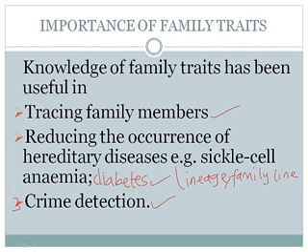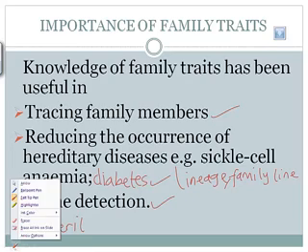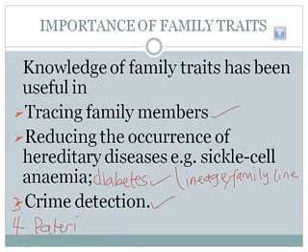And another importance of family trait, we could use it to know the paternity of a child. What do I mean by this? Let's take for instance that there are two people arguing, this child does not belong to me, this child is not mine.